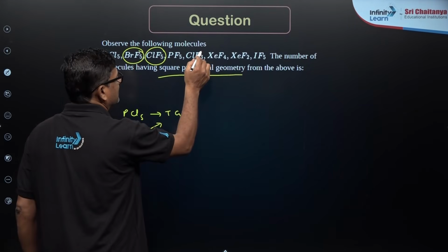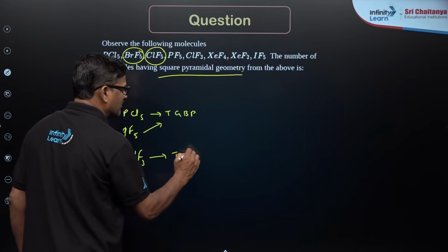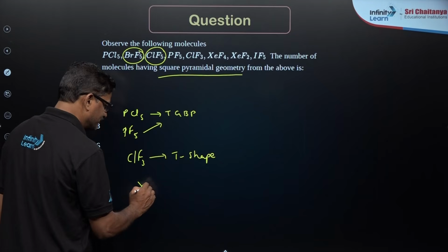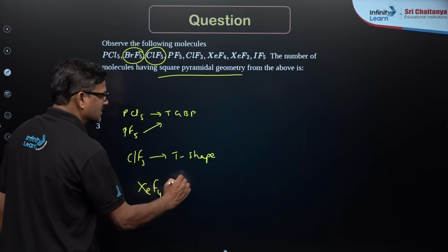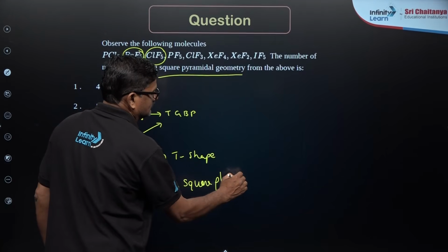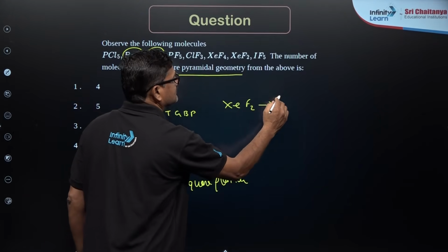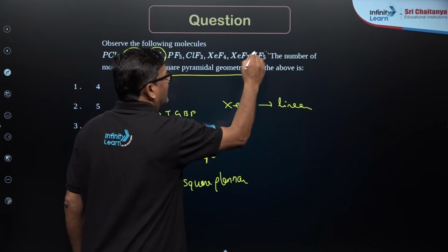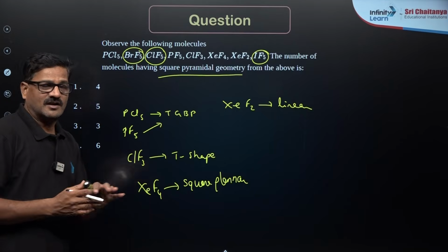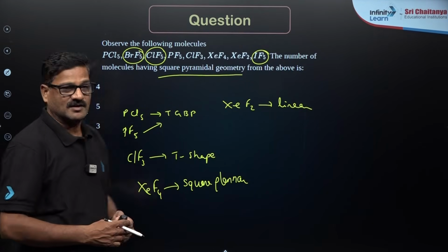And ClF3, T shape. And XeF4, it is a square planar. And XeF2, linear. And IF5, square pyramidal geometry. I could find there are 3 molecules that show the square pyramidal geometry. Option 3 is the correct answer for this question.